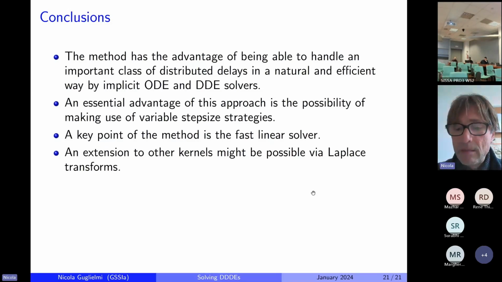So you can repeat more or less the analysis we have done. Otherwise, one should study different strategies. But for the most important distributions that are used in pharmacodynamics, at least, we have seen that this is possible.